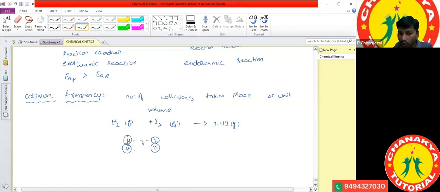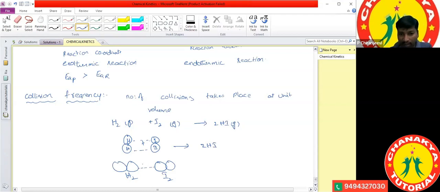These collide together to form 2 moles of hydrogen iodide. Otherwise, if you write it in molecular form, let us consider one as hydrogen and one as iodine. If they collide together, only one hydrogen and one iodine atom collide together.